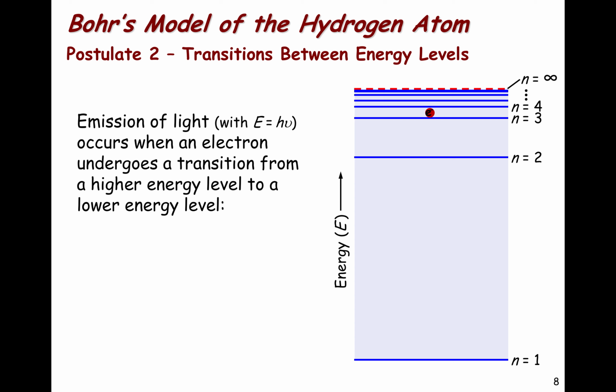This results in the giving off of some of its energy in the form of photons or light, and if the light is of an appropriate wavelength, that situation for the transition from n equals 3 to n equals 2 happens to be the red color that we observe in the hydrogen emission spectrum for the Balmer series.